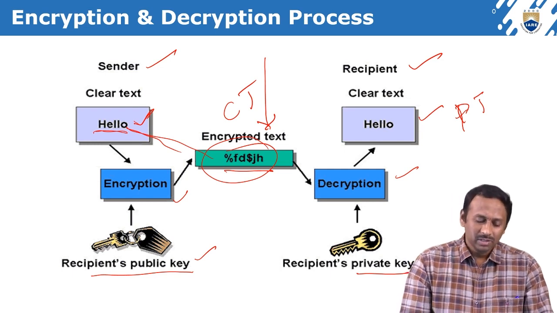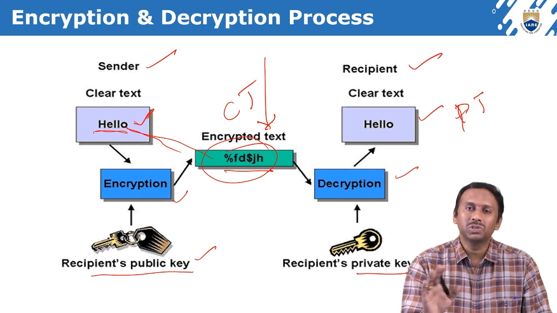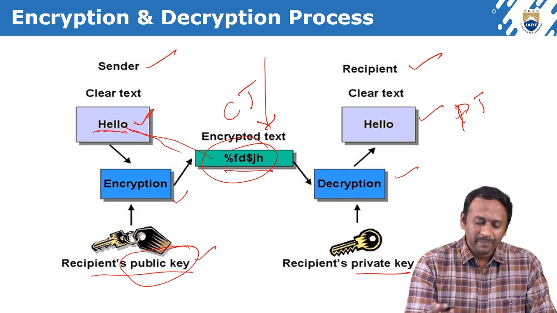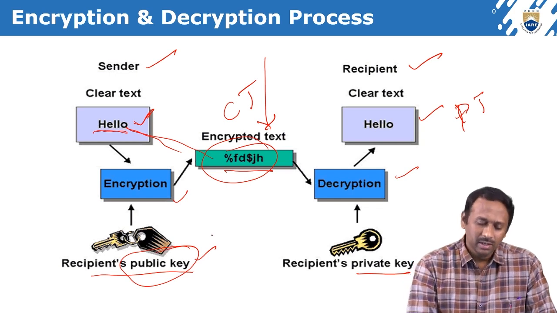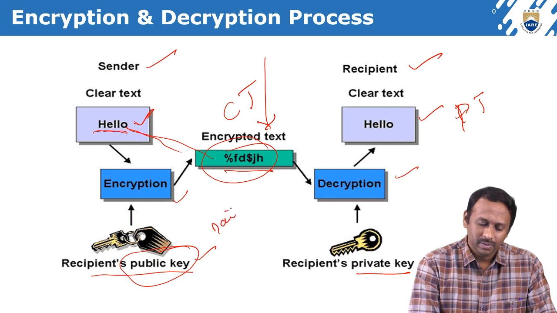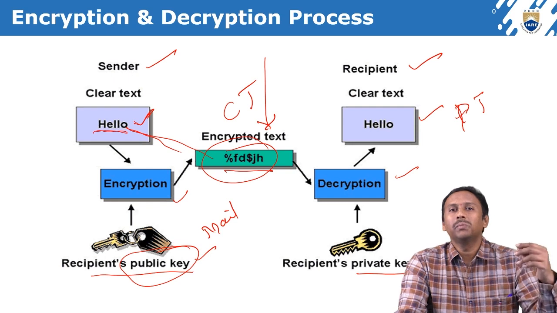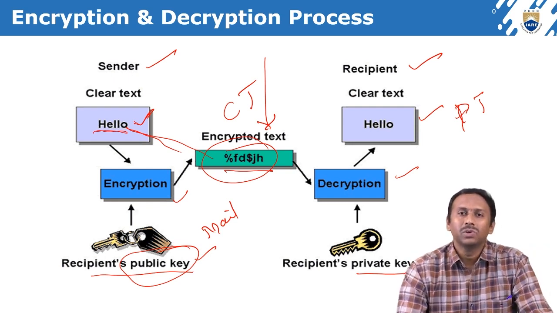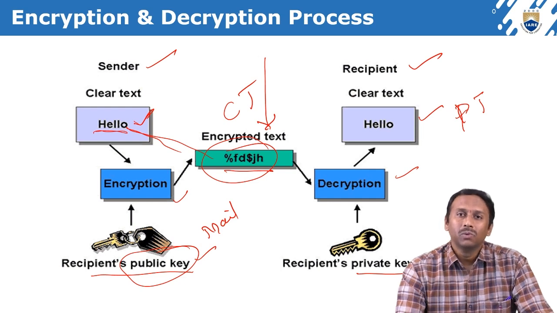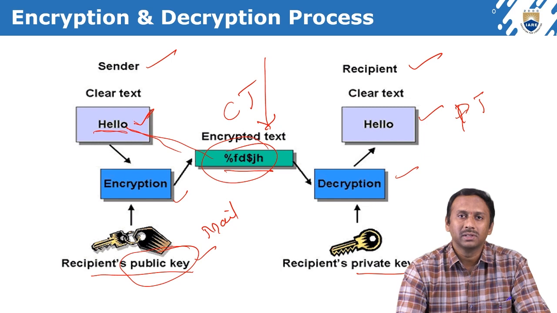It's very simple. I'll tell you one simple shortcut to remember this. The public key is just like a mail ID. A mail ID is known by everyone, isn't it? You have a mail ID, and it is known to everybody, but only you can open that mail with the help of your password.